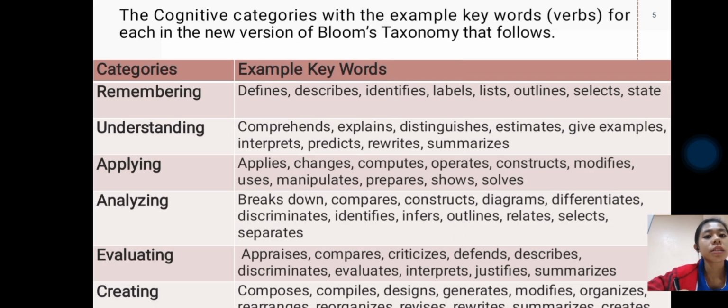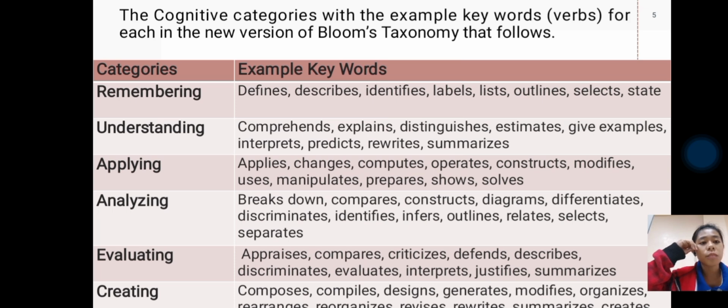Okay, next. The cognitive categories with the example keywords, verbs, for each in the new version of Bloom's taxonomy that follows. Here, the categories are remembering, understanding, applying, analyzing, evaluating, and creating.